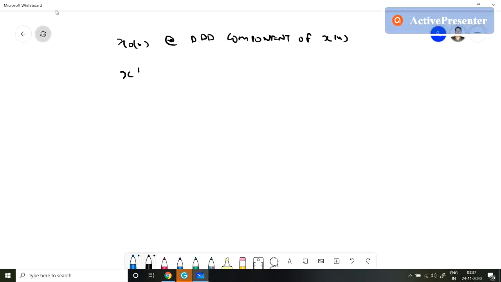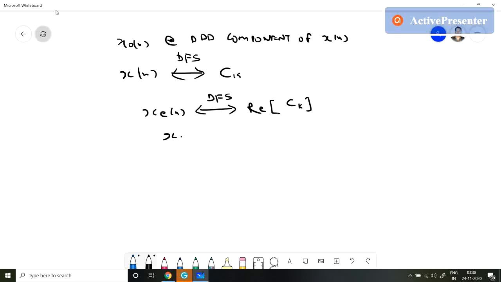So if xn has a discrete Fourier series equal to ck, then the discrete Fourier series of xen is equal to the real part of ck, and the discrete Fourier series of xon is j times the imaginary part of ck.